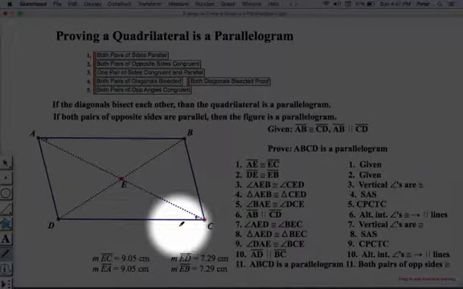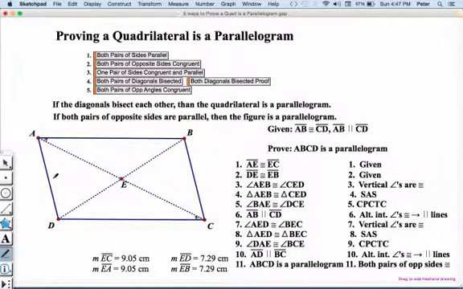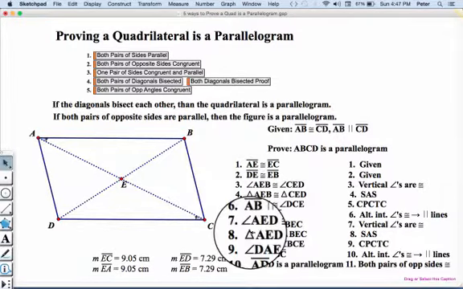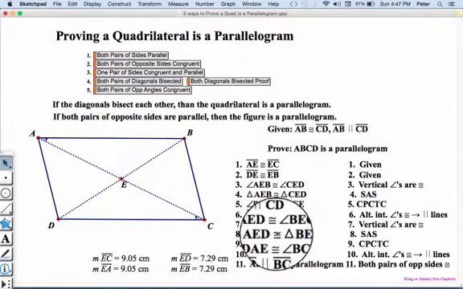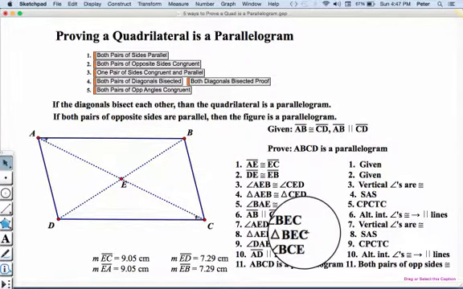is parallel to CD. Then, through a similar type of proof, we can show that triangle AED on the left side is congruent to triangle BEC on the right side by side angle side.